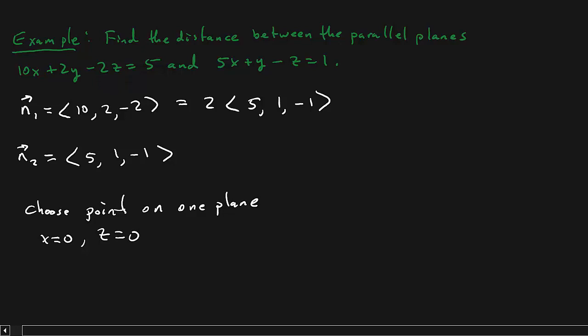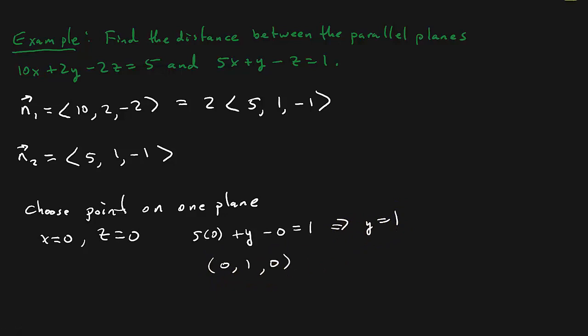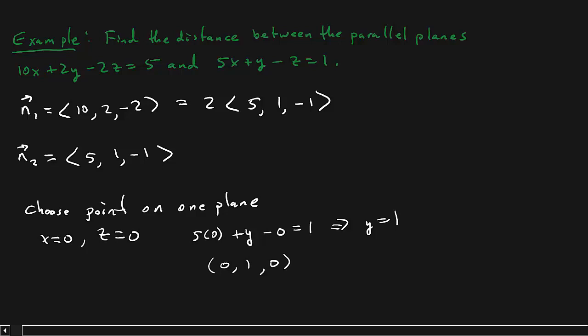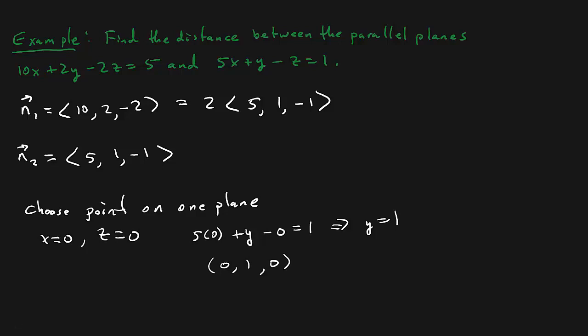All right. So that's what I did. So now we have 5 times 0 plus y minus 0 equals 1. So that tells us that y is equal to 1. And so our point is 0, 1, 0. All right. So what did I use?